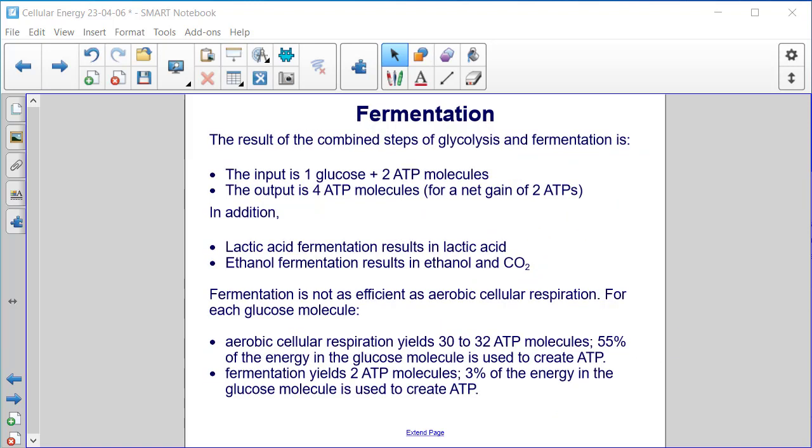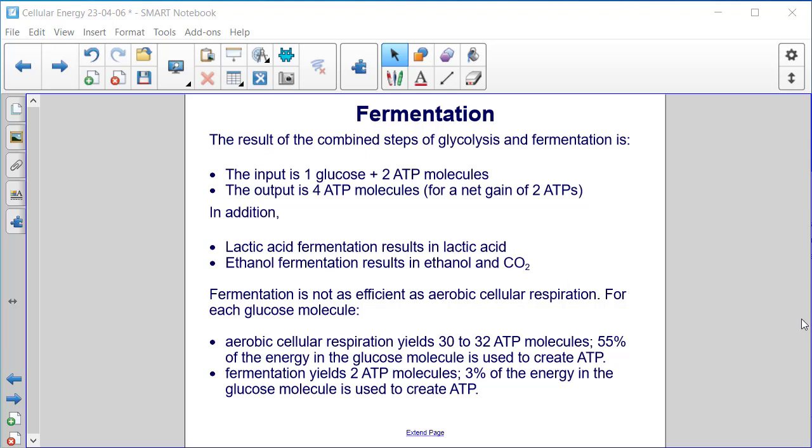The result of the combined steps of glycolysis and fermentation: the input is 1 glucose and 2 ATP molecules. The output is 4 ATP molecules for a net gain of 2 ATPs. In addition, lactic acid fermentation results in lactic acid, and ethanol fermentation results in ethanol and CO2.